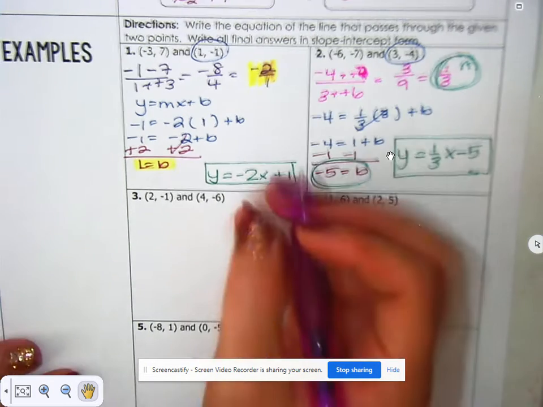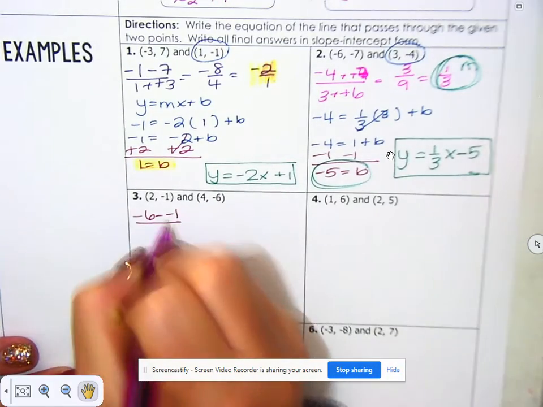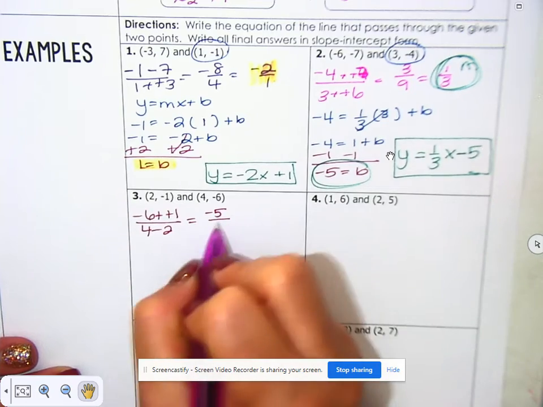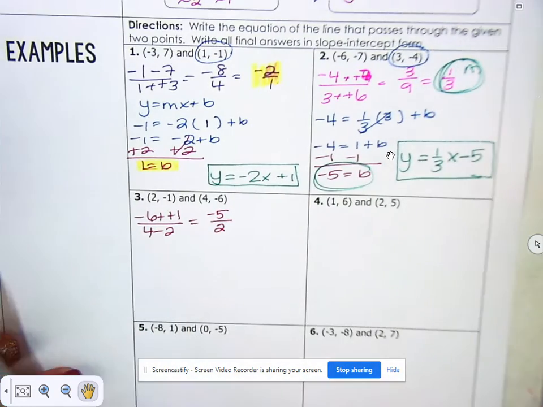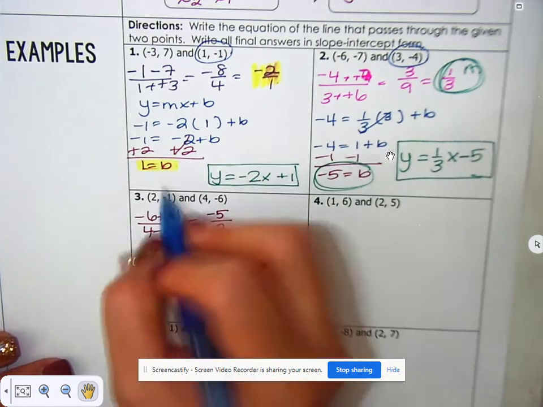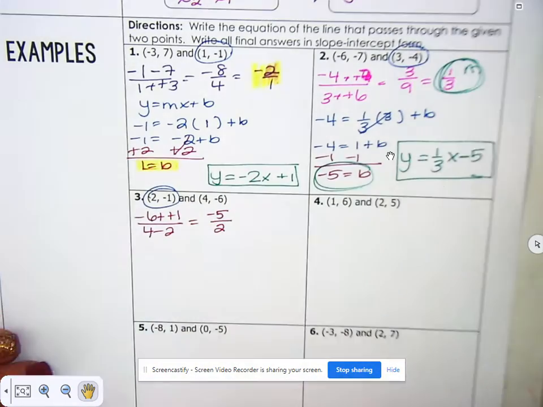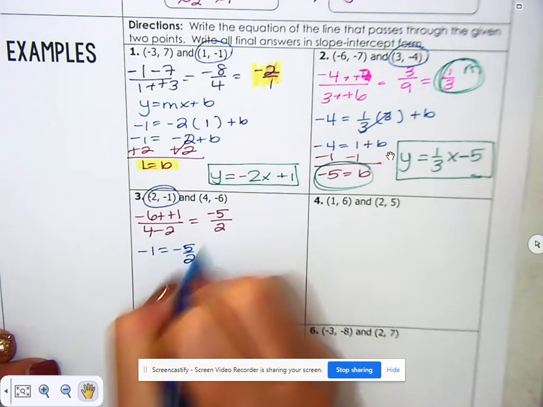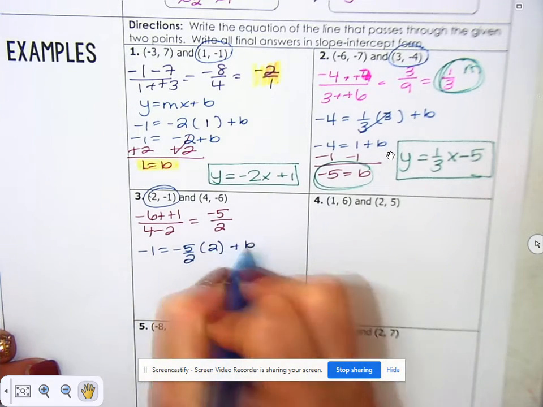Okay, number 3, start with the slope. Y minus y over x minus x gives me negative 5 over 2. I'm going to choose the first ordered pair because it's my lower numbers this time. So my y is negative 1, negative 5 over 2 times 2 plus b.